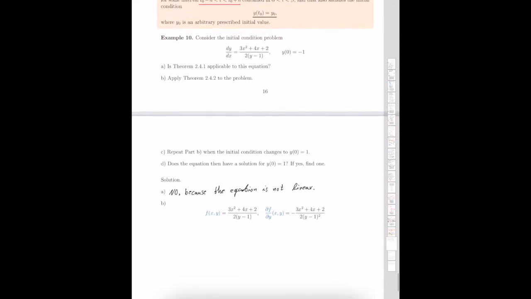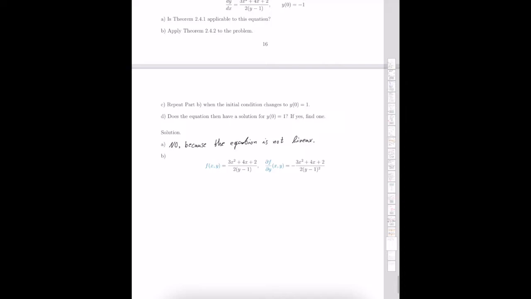To facilitate this process, I have already written both f and the derivative with respect to y. That derivative is not complicated. It's just 1 over y type of derivative, which will be minus 1 over y squared. Okay, so we have these two terms.